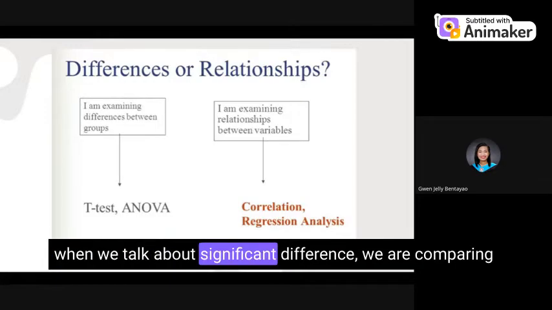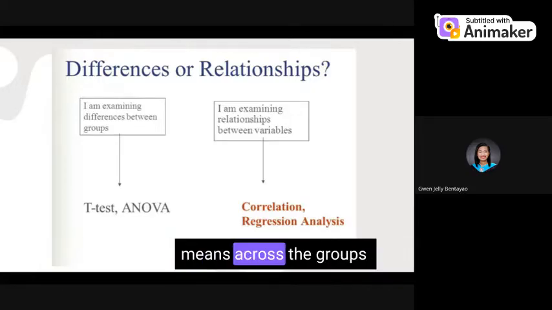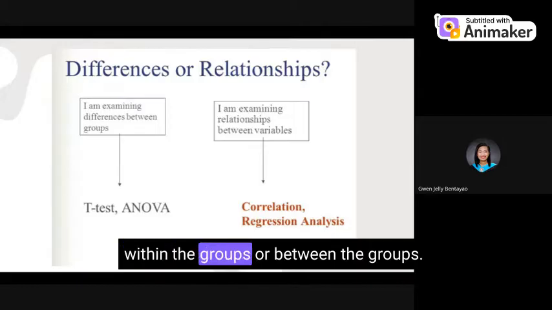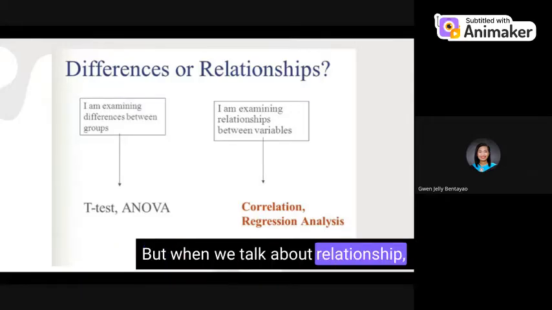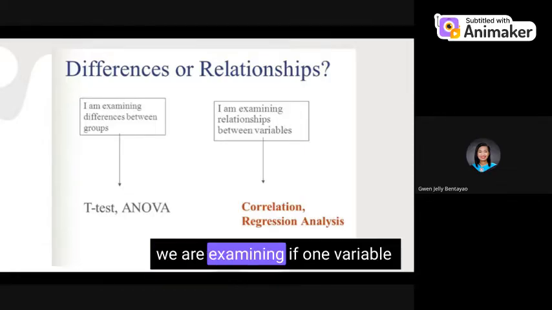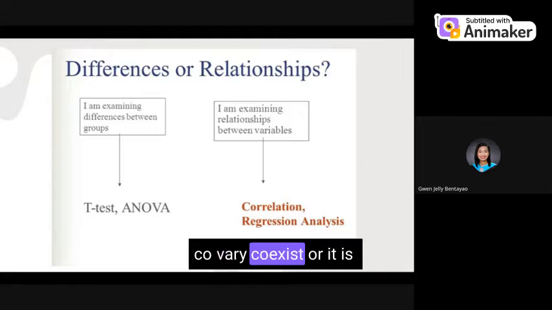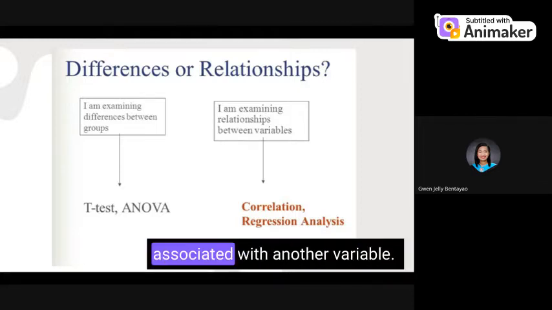When we talk about significant difference, we are comparing means across the groups, within the groups, or between the groups. But when we talk about relationship, we are examining if one variable co-varies, coexists, or is associated with another variable.